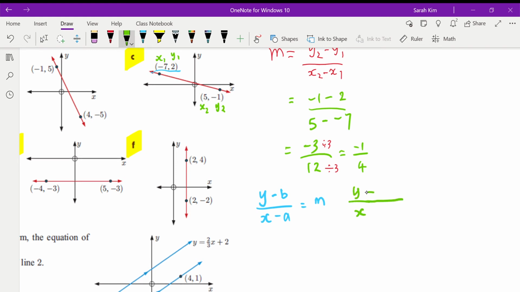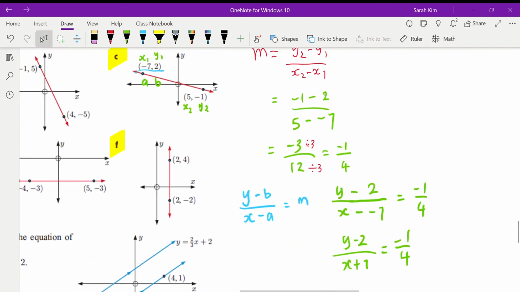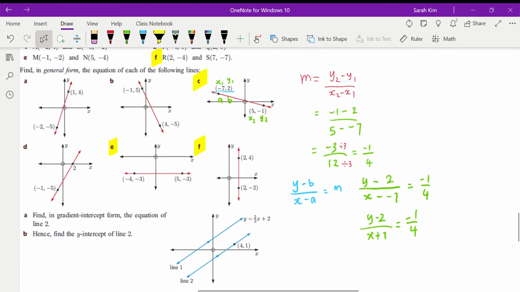All I have to do is write negative, negative, and then B and A. So this one is A, this one is B. B is at the top, so I go 2, and then -7 equals M. So y take 2, x plus 7 equals M. Oh, my M I can substitute in as well. I forgot to do that. -1/4. Awesome.